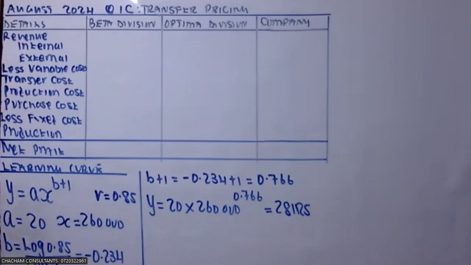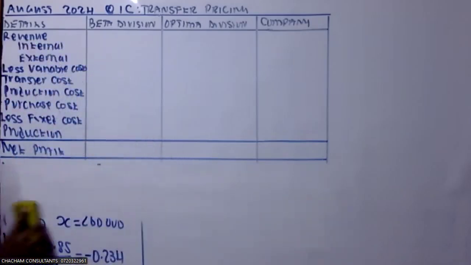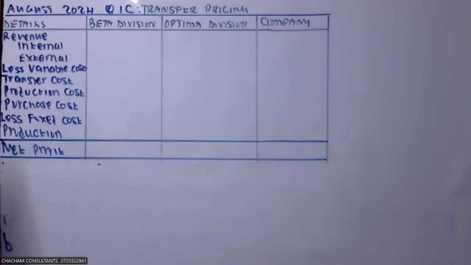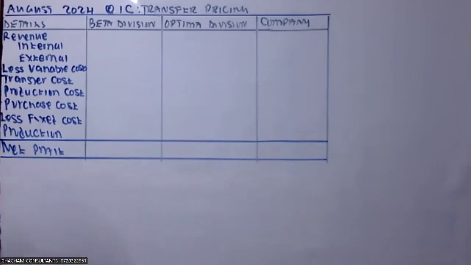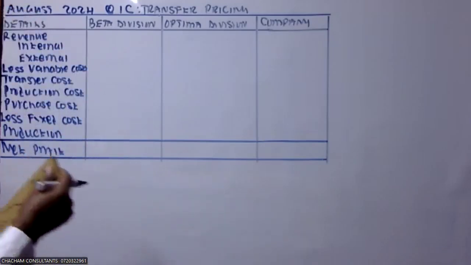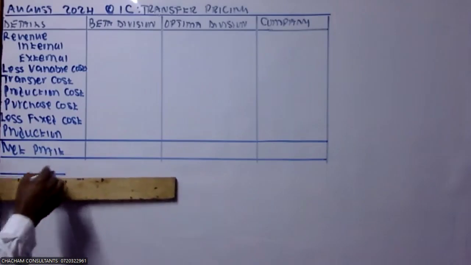The next working that we require, we can go one by one. Let's start with revenue. We are now in the workings, in the revenue.